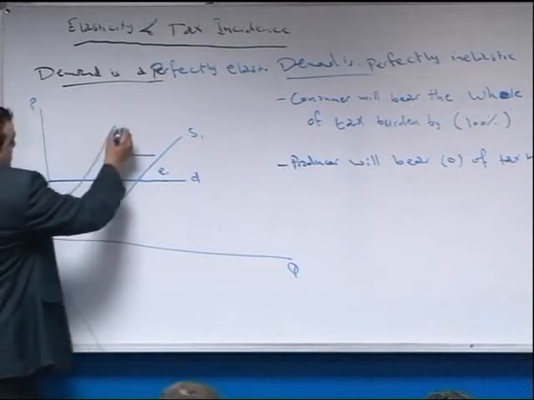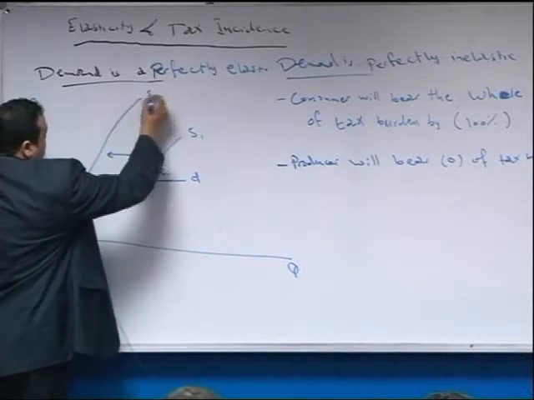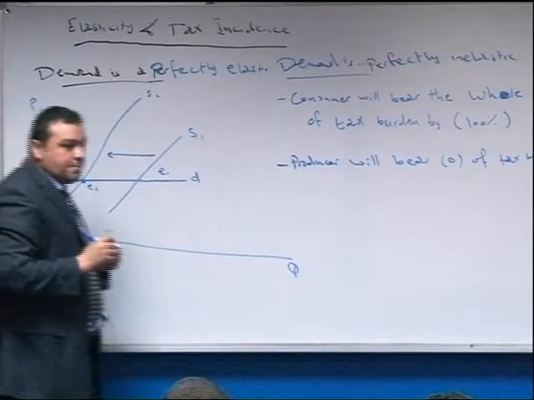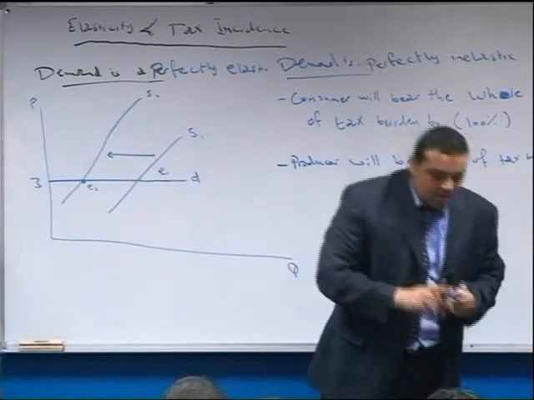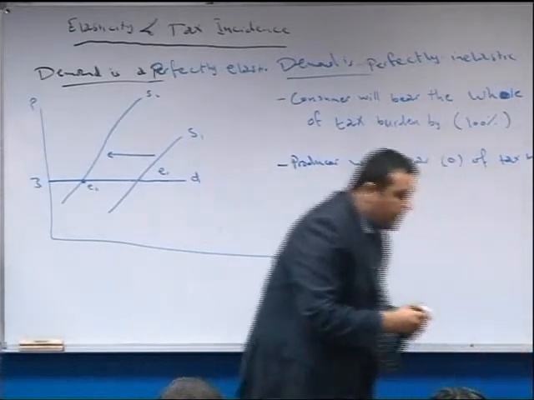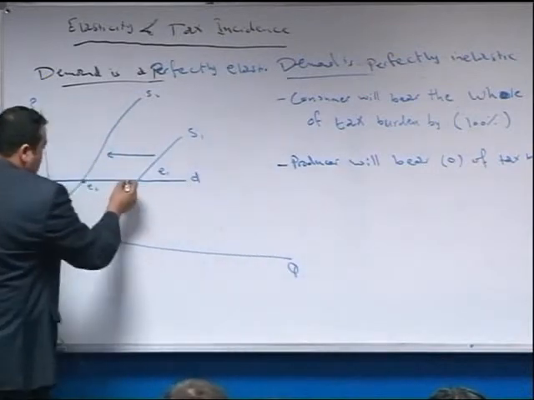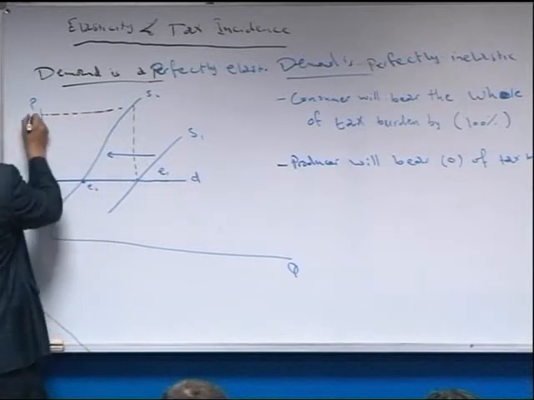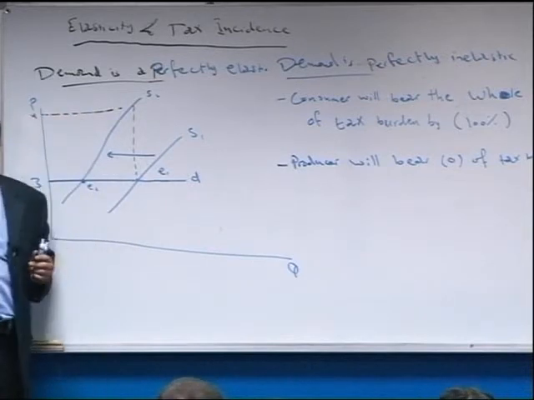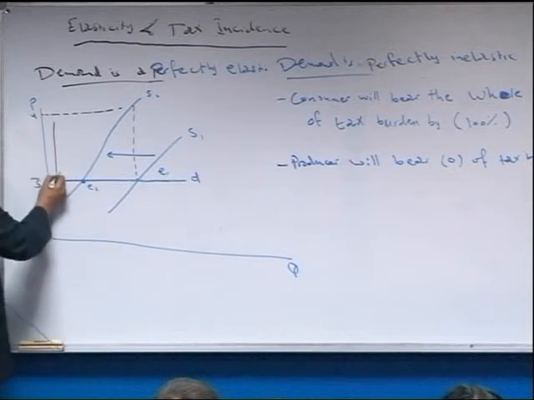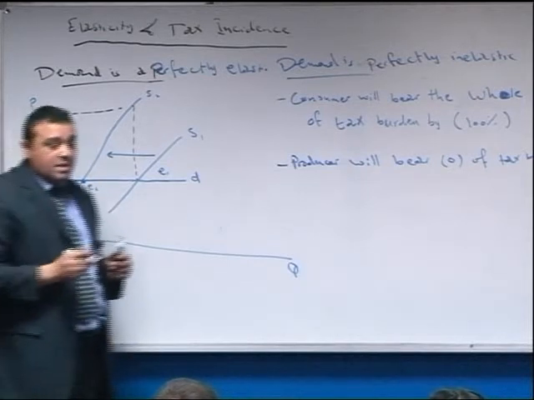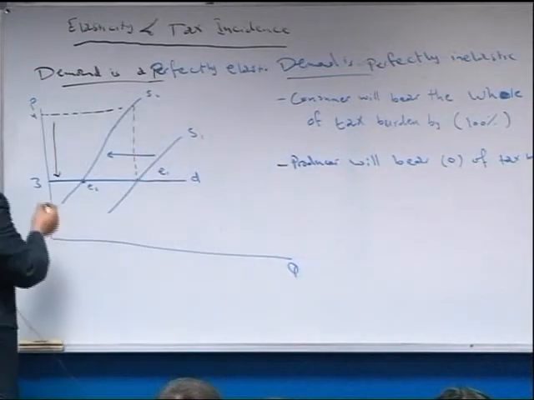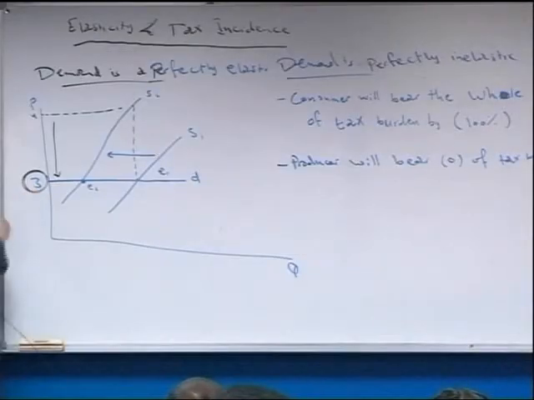So this is S2, E2. The producer will try to increase the price or sell the product at 4. But he cannot, because the demand is a horizontal line. It's perfectly elastic. So he will sell the product at 3.